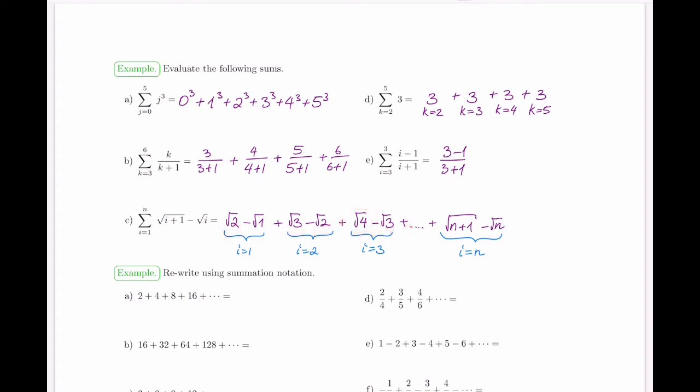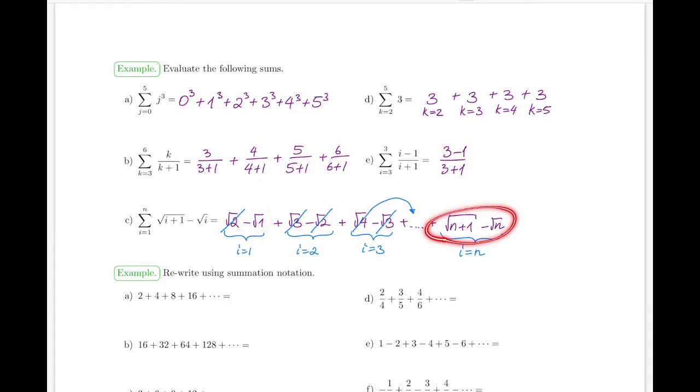So what I am noticing is that all of these middle terms will cancel each other out. This will cancel each other out with something that's upcoming. Now, will this negative root of 1 ever get canceled with anything? Well, no, because everything after this is actually increasing. So this is the smallest thing I'm ever going to see. So this is not going anywhere.